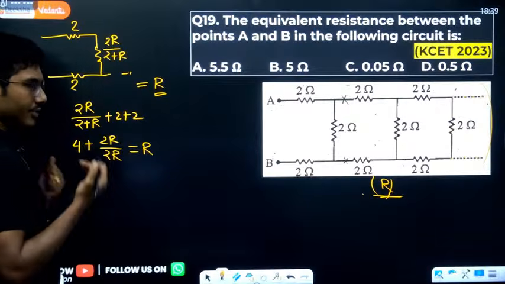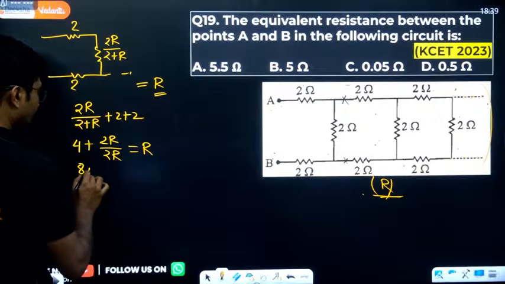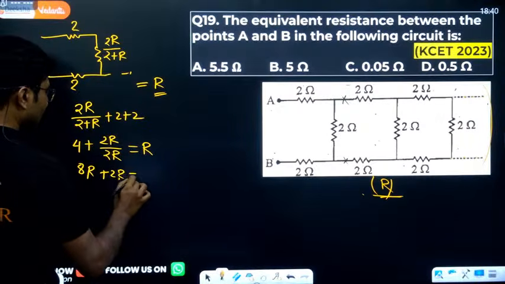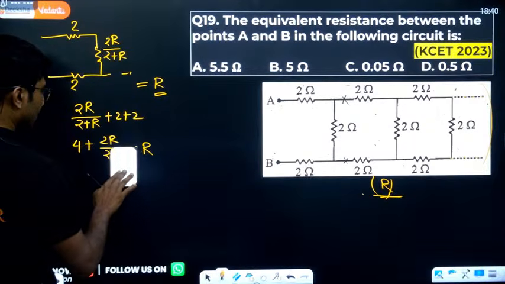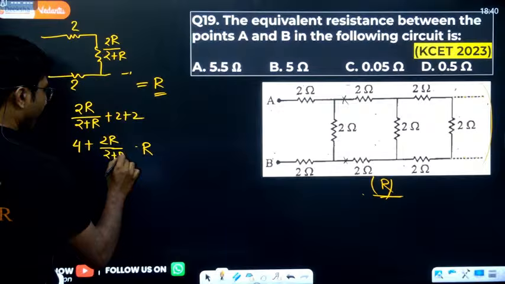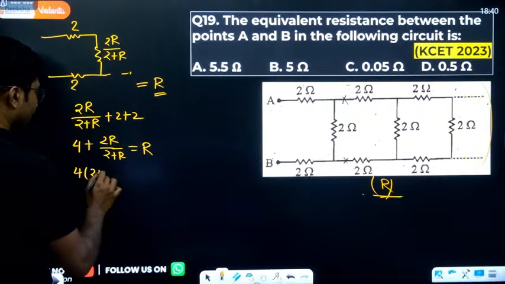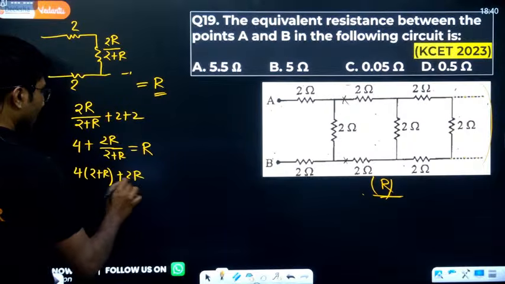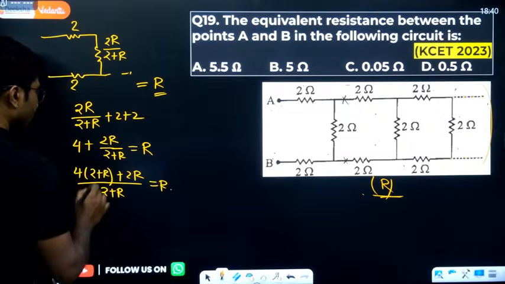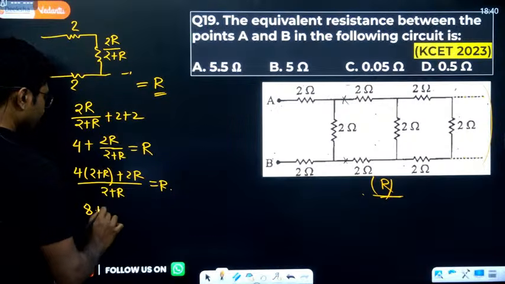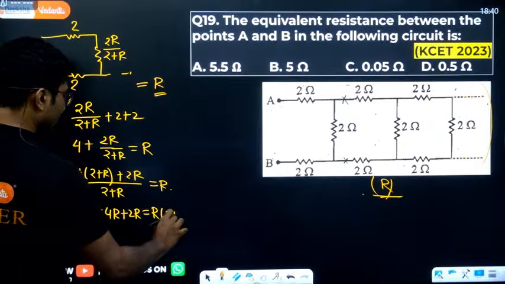Now you have to simplify this equation. If you can simplify it, your life is done. I think I made some mistake over here. This is 2 plus R, sorry. So 4 into (2 plus R) plus 2R, divided by (2 plus R), equals R. So 8 plus 4R plus 2R equals R into (2 plus R).